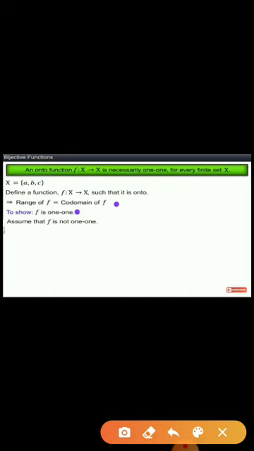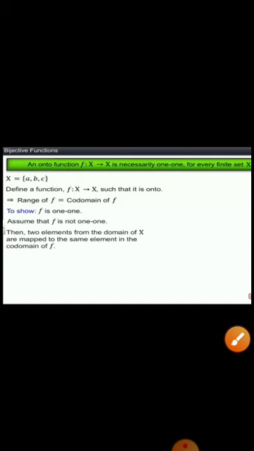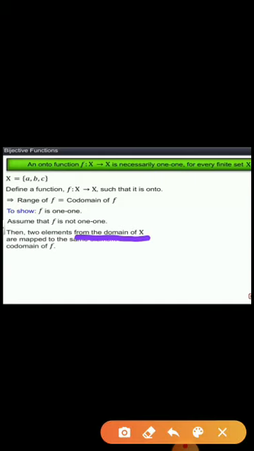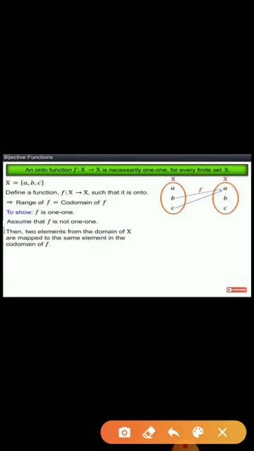This we are going to prove by contradiction method. That means assume that it is not 1-1. Then two elements from the domain of X are mapped to the same. If it is not 1-1, that means it is many to one function. Yes. So this is the case I will have.